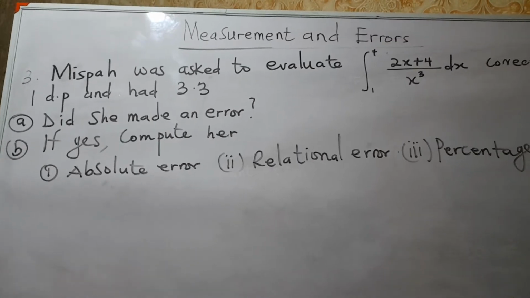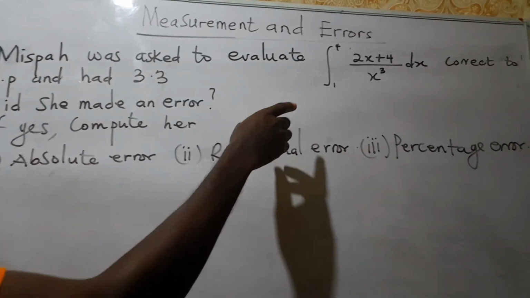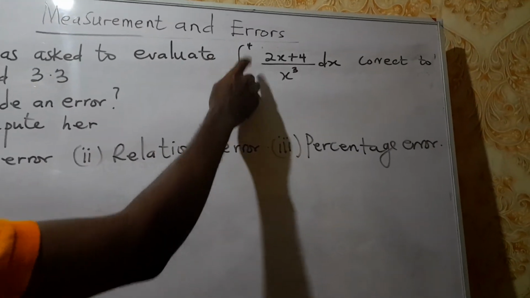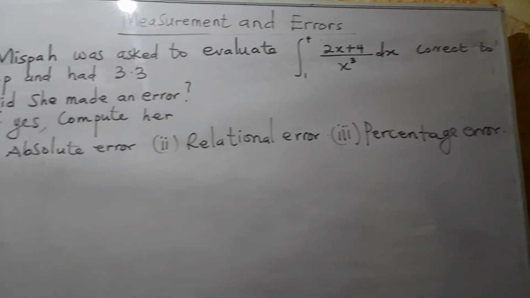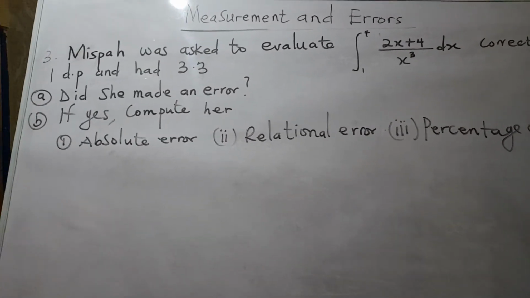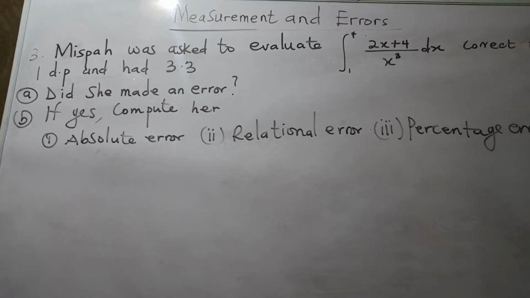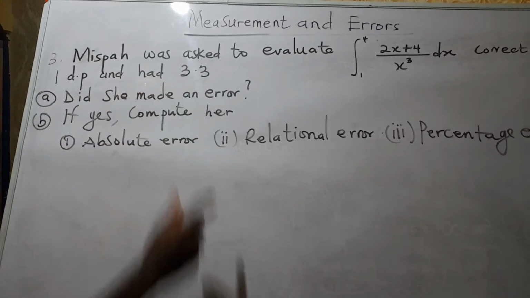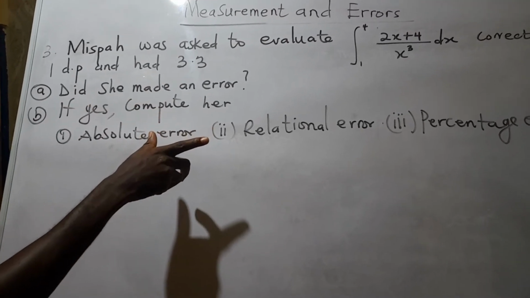So let's look at our next question. They say Miss Pa was asked to evaluate the integral spanning from 1 to 4 of 2x plus 4 all over x cubed dx correct to one decimal place and had 3.3. So when she computed it, she had 3.3. Did she make an error?